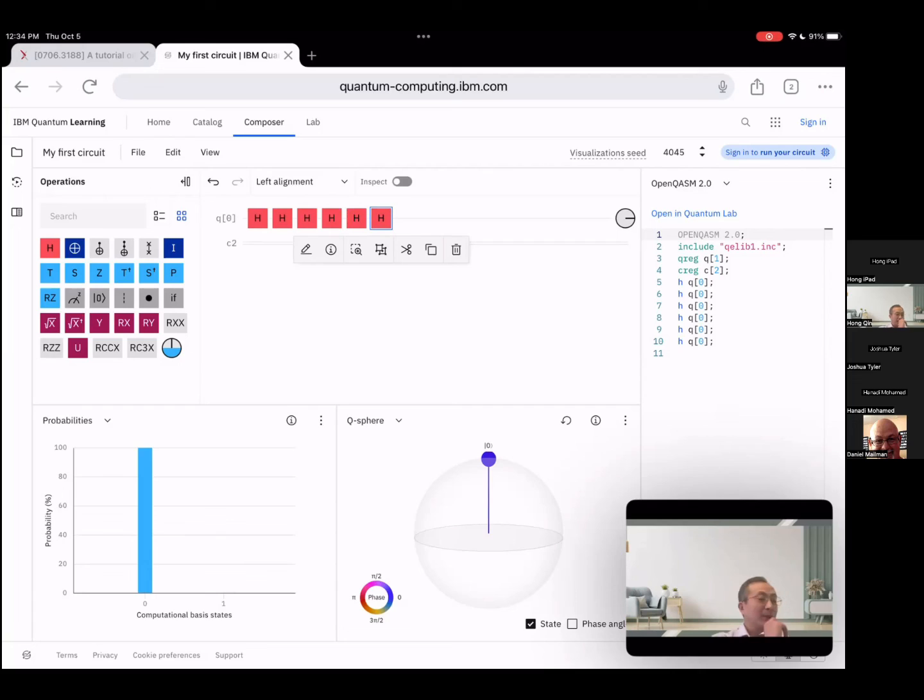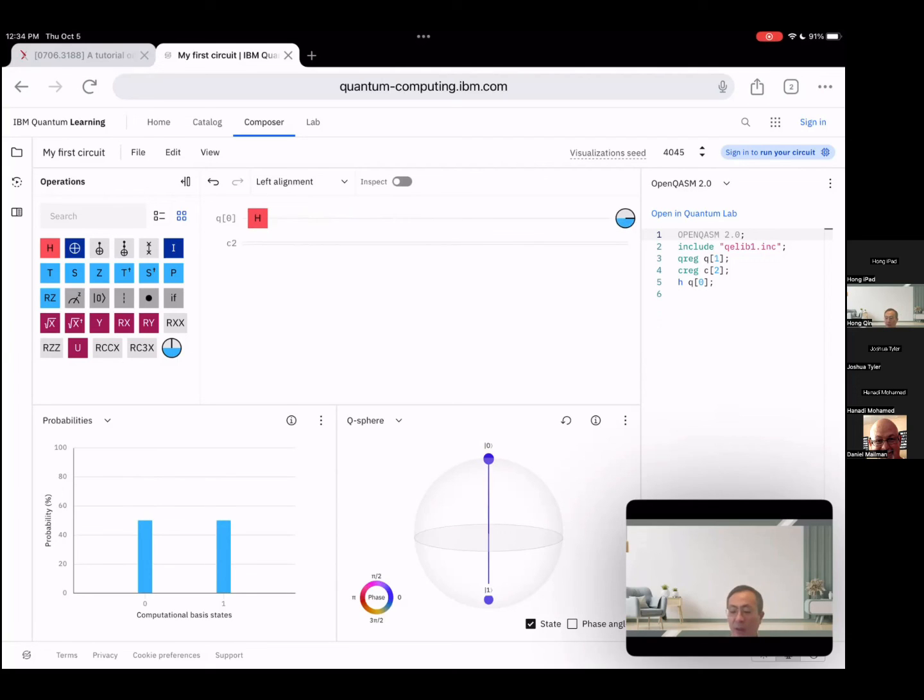Yeah, that's funny. Okay. Now this is for the comparison. This is the consecutive quantum gate on a single qubit. Remember, there's another case we discussed, which is the Hadamard gate applied in parallel on 2 qubits.